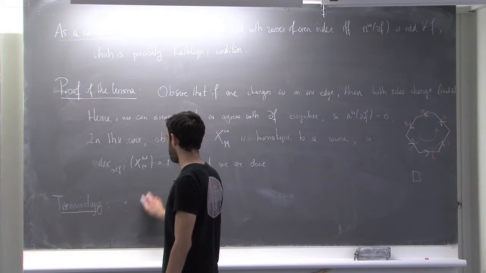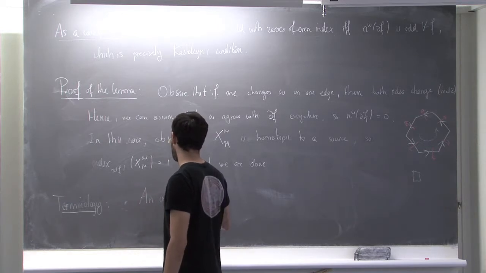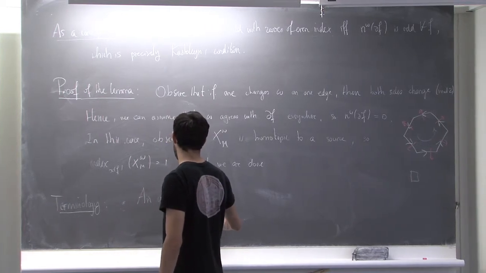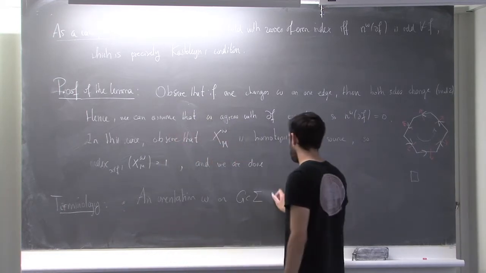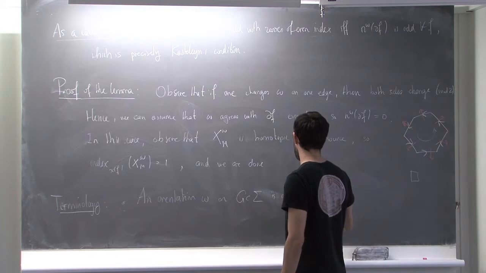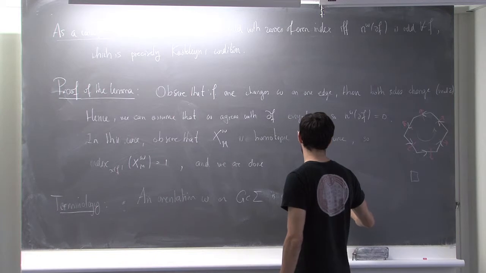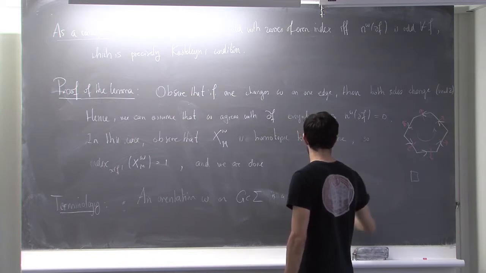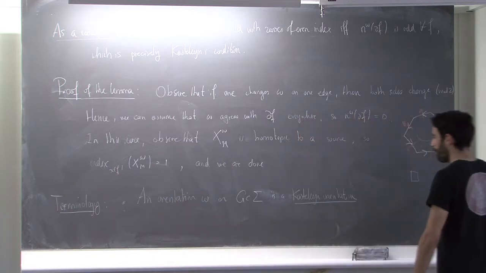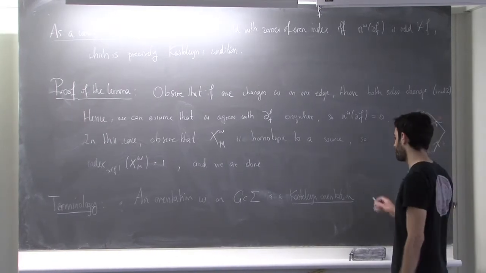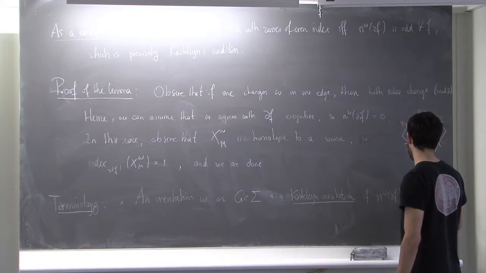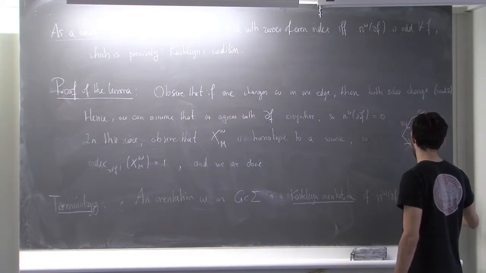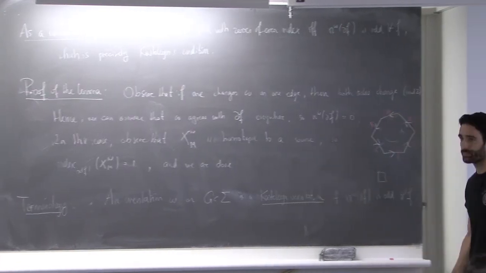So let's say that an orientation omega on G embedded in the surface is a Kasteleyn orientation. We had defined it for a plane, but it makes sense to define it on any surface if n omega f is odd for any f.